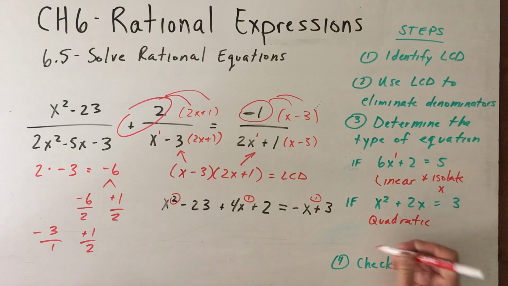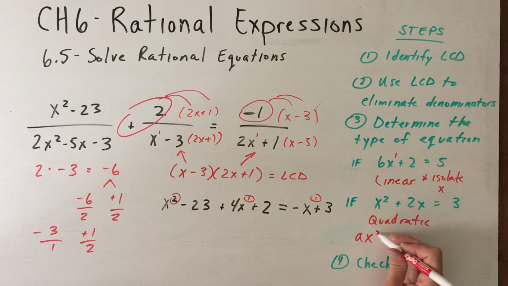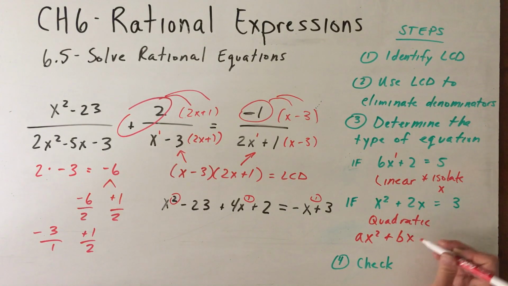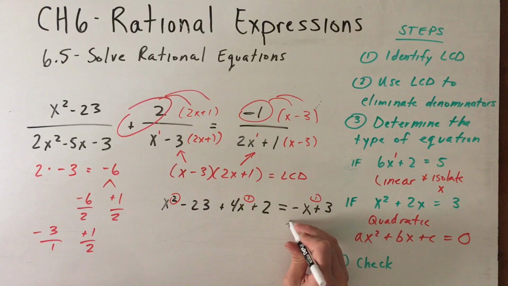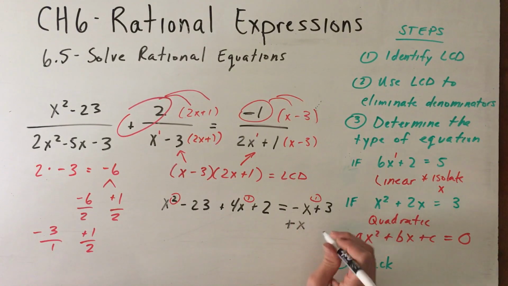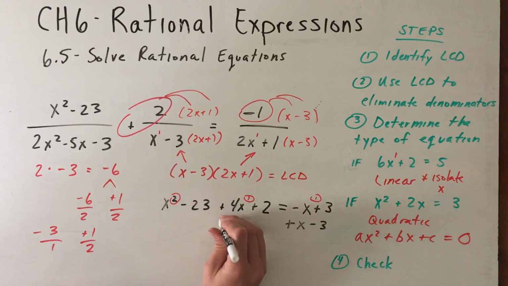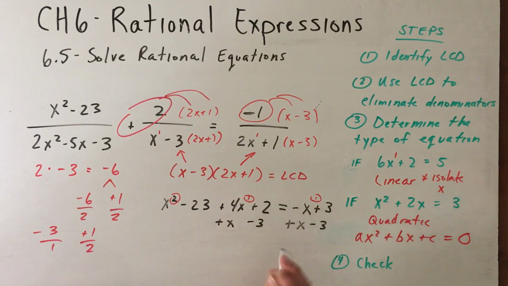And if it's quadratic, then what I want to do is set everything equal to 0 and factor it. That's how I'm going to determine the values that will make this work. So I want to add 3 to both sides, add x to both sides and subtract 3.